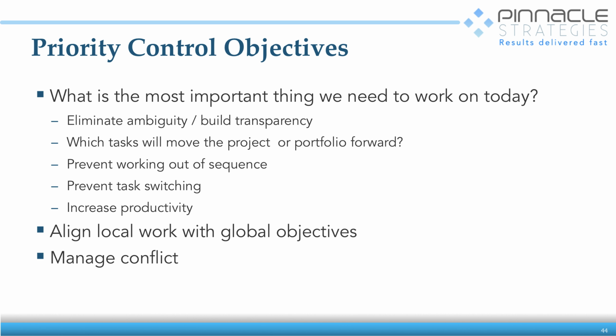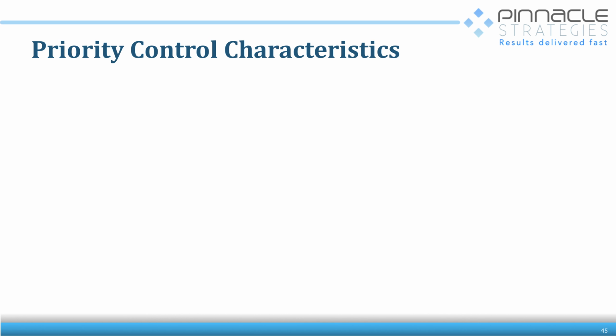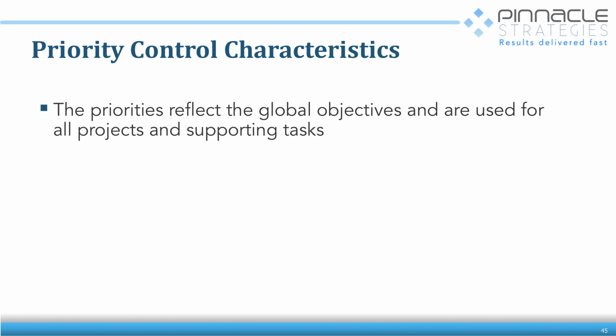A priority control process is designed to do that. So when we have good priority control systems, what we see is that the local priorities reflect the global priorities and are used for everything, all projects and tasks. So we've got it normalized across.